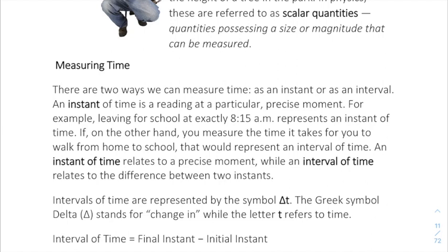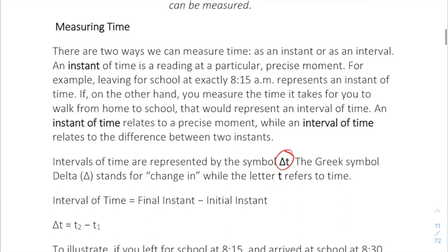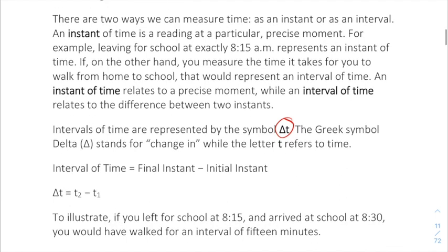Now, if on the other hand you want to measure the time it takes you to walk home, then that would become an interval. So intervals are going to be represented by that delta again for change. And so we're going to take two instants of time and take the difference to find an interval: the final instant minus the initial instant, and that will become the interval of time.